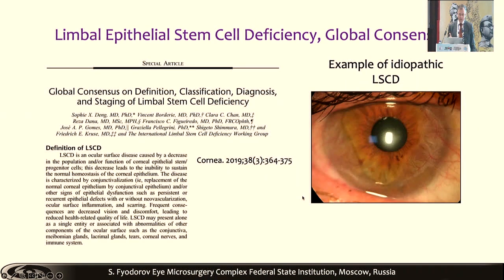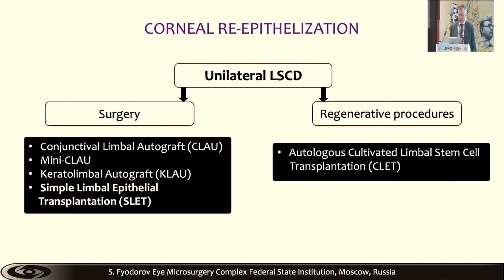We know that limbal epithelium stem cell deficiency is a complex disease which is related to many congenital and acquired factors. Among those, we have to mention ocular burns and traumas and long-term use of medications.